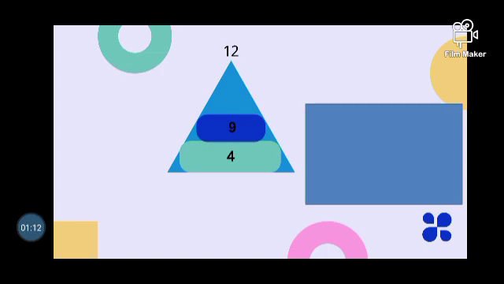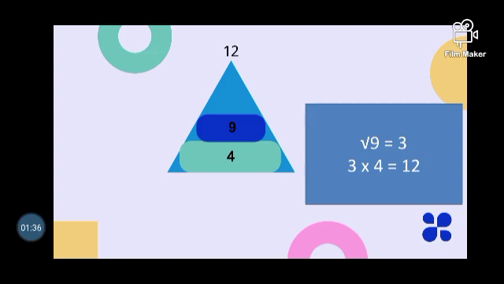Okay, let's look at our next example. We have 12, 9, and 4. How can we ascertain? How can we get our answers? Now, for quick study, square root of 9 is 3. Are you getting the picture? So simply multiply 3 by 4, it will give 12.